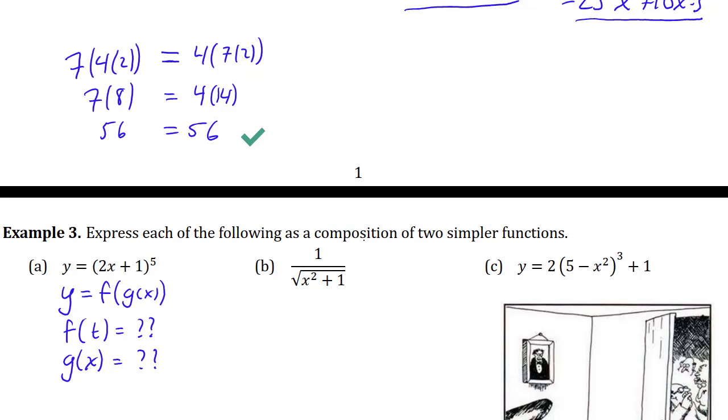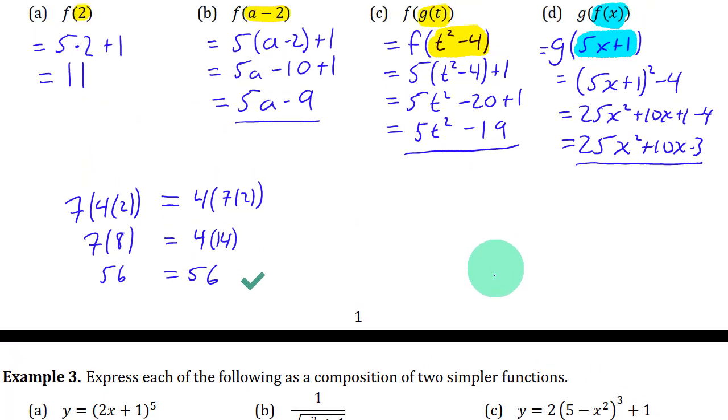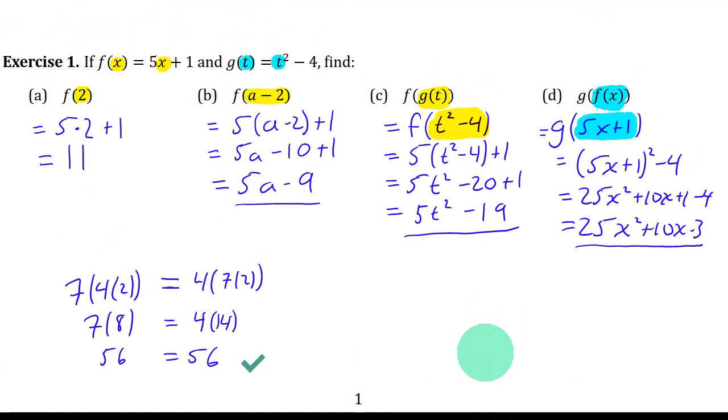Okay, so the trick here is that let's go back and look at the result of composing these 2 functions before, instead of looking at the end like here. There's like looking at 5 times a quantity t squared minus 4 plus 1.